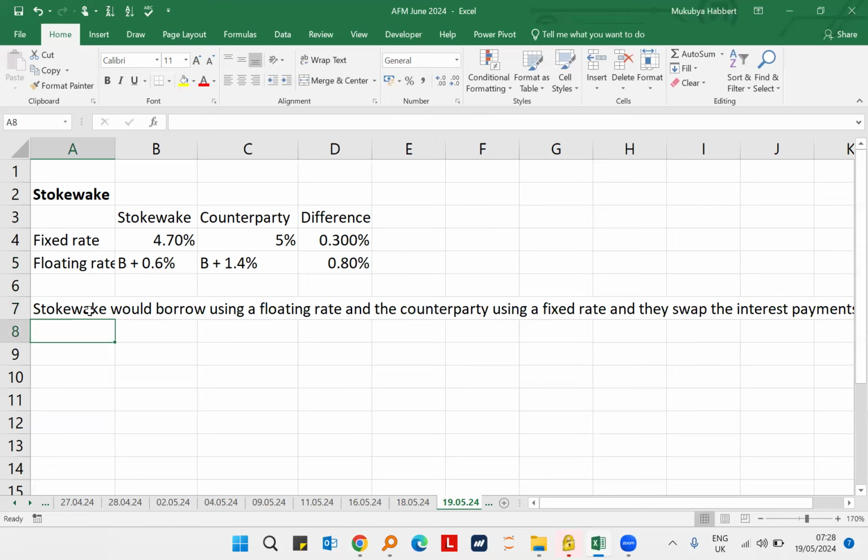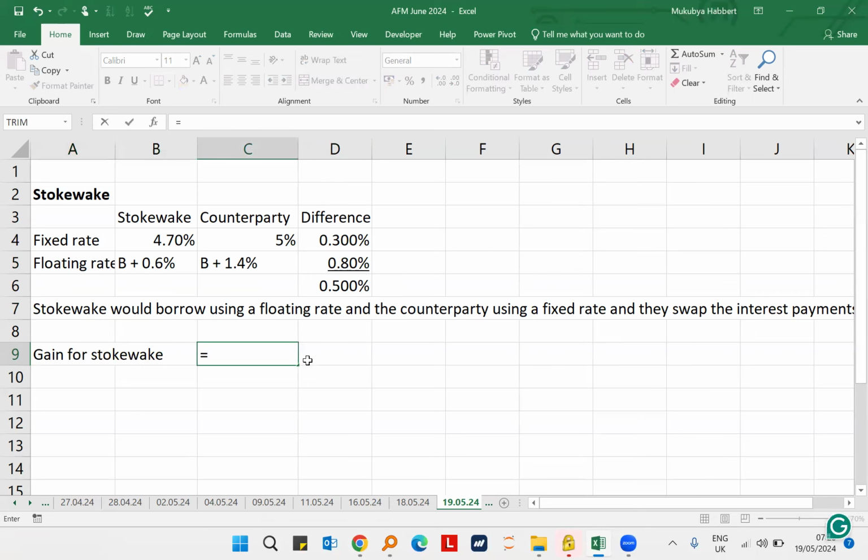So now the gain is the differential. First of all, this difference here, that's the first gain of 0.8%. But the gain for Stockwake is going to be, of course, they share half of it, because remember, they said that the two companies will share 50%.